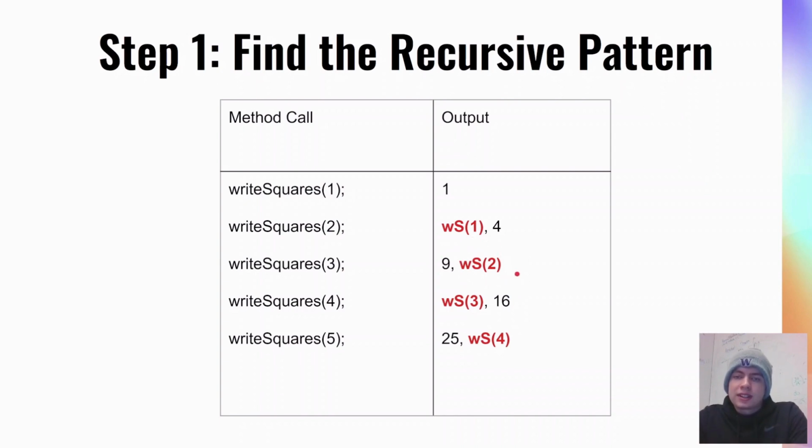Write squares of 3 contains write squares of 2, but with a 9 comma appended to the front. And then this pattern continues, where, depending on if it's either an even number or an odd number, we'll append a comma and the square of the number to the previous recursive call, or the (n-1)th recursive call.